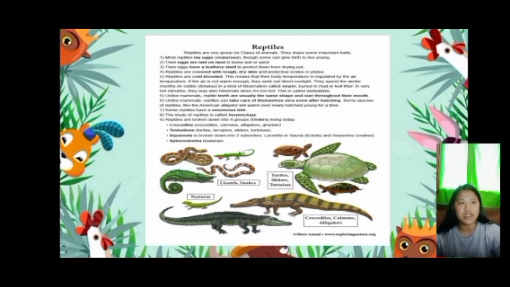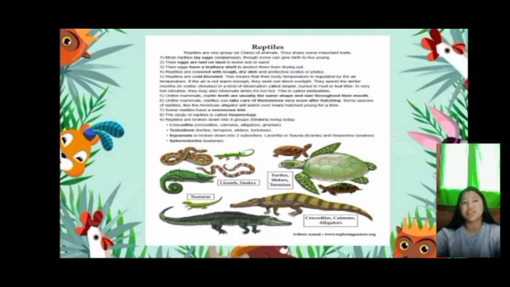Unlike mammals, reptile teeth are usually the same shape and size throughout their mouth. Also, reptiles can take care of themselves very soon after hatching. Some reptiles have a venomous bite. The study of reptiles is called herpetology.